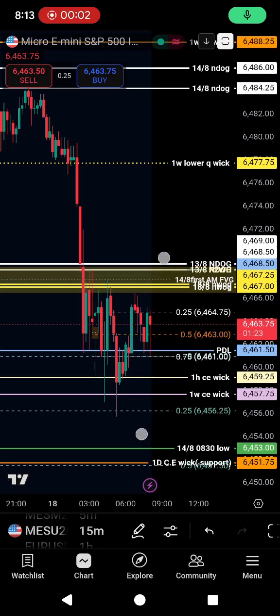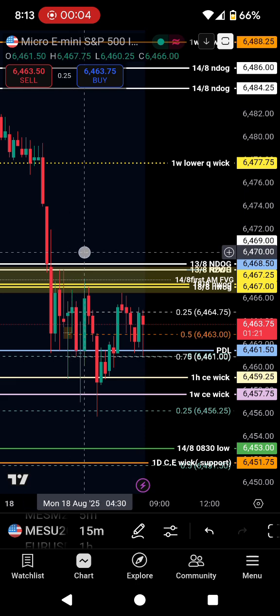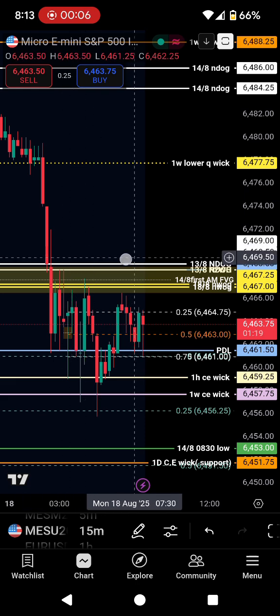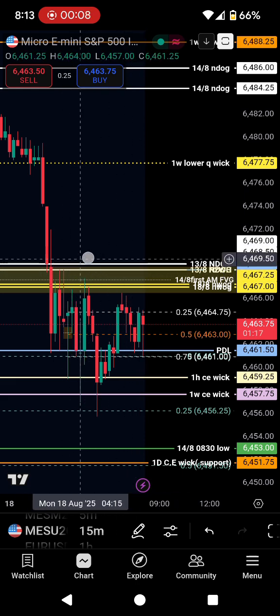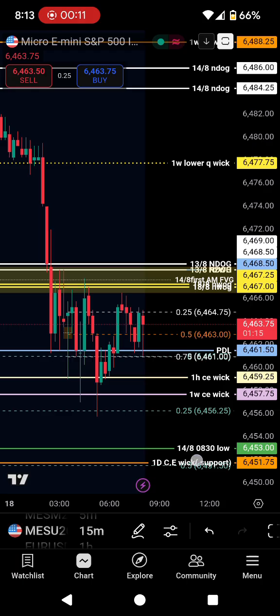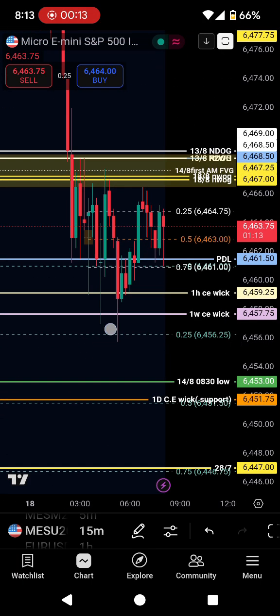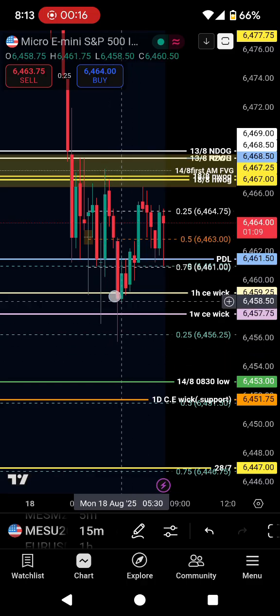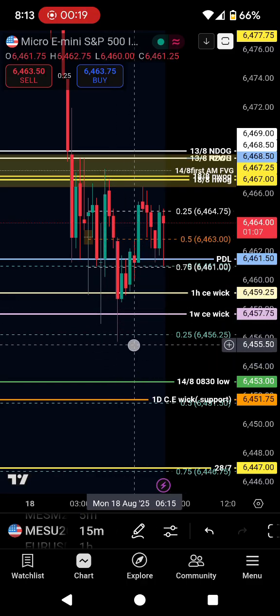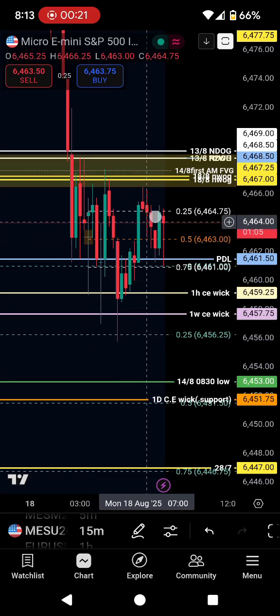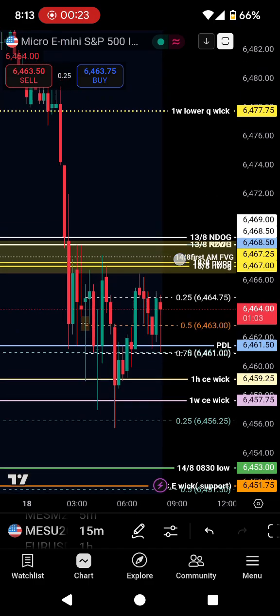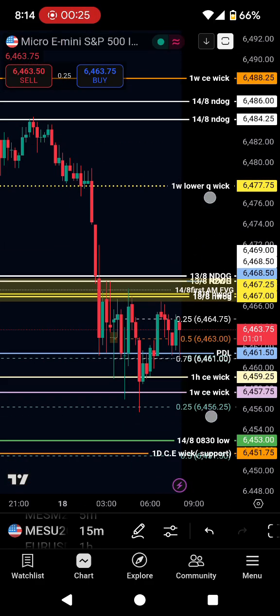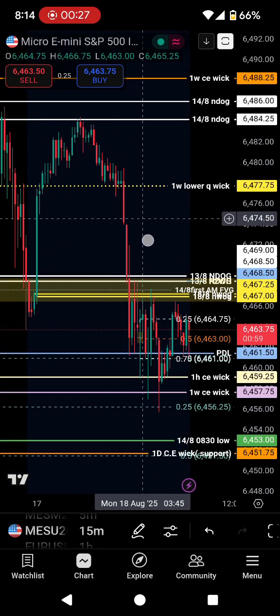So guys, as you can see, this is the London session one. Okay, and right now until now we didn't really move much at all. But what we can see is that we rejected support at the 4-hour upper quadrant of the BC here, formed a failure gap here, and if we continue higher, then we'll probably reach for this dealing range here.